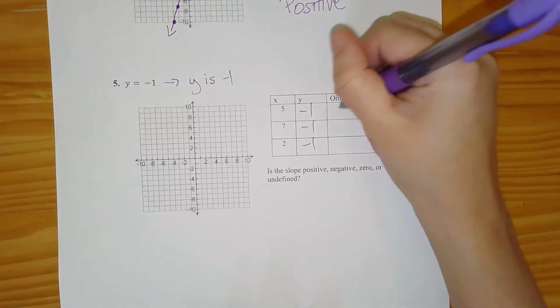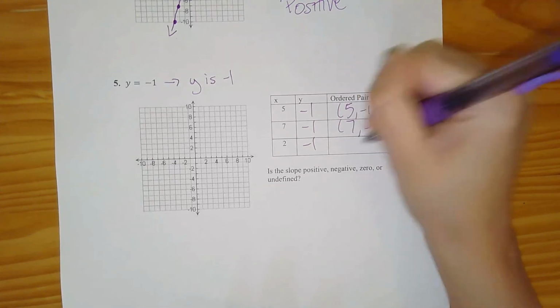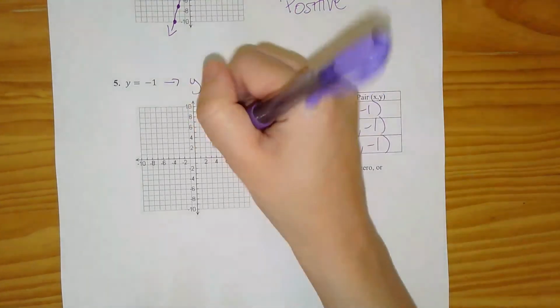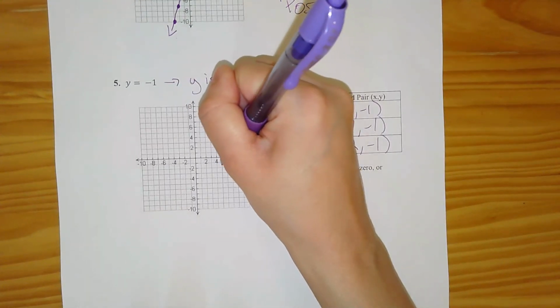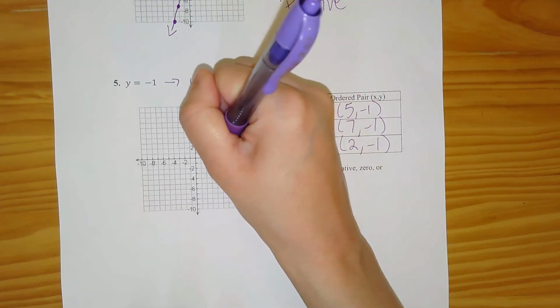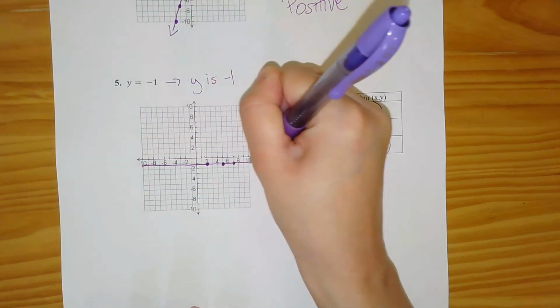So then my ordered pairs are 5, -1, 7, -1, and 2, -1. When I graph it, I'll have 5, -1, 7, -1, and 2, -1. They're all in a line, and this line is horizontal.